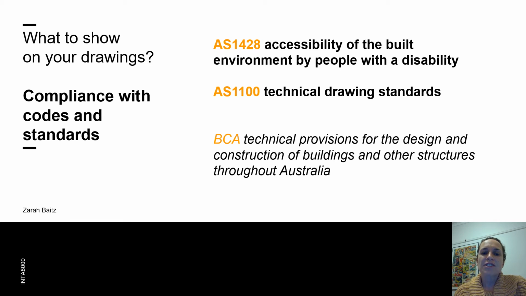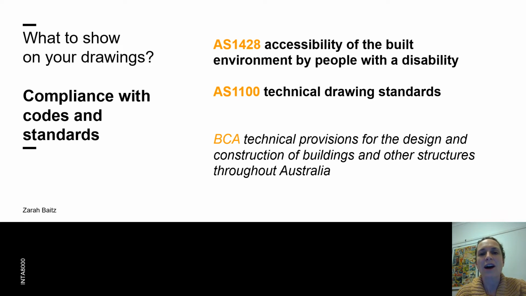The third set of standards that you should be looking at is the Building Code of Australia. We're not marking you on this, but this is what you'll need to do when you graduate and work in practice. So, the BCA outlines technical provisions for the design and construction of buildings and other structures throughout Australia. You will have looked at all of these codes in DP7.